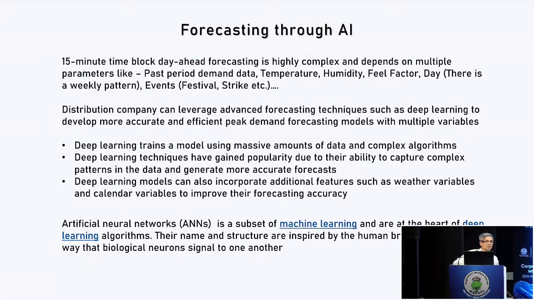Now, there are scopes, there are tools, where we can apply AI technology for demand forecasting. For annual forecasting, AI may be applied, but my feeling is it is not that important. More important is to do day-ahead projection.